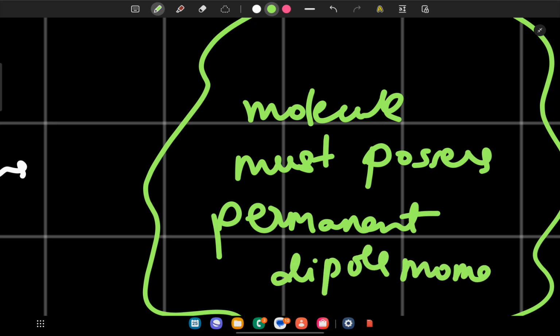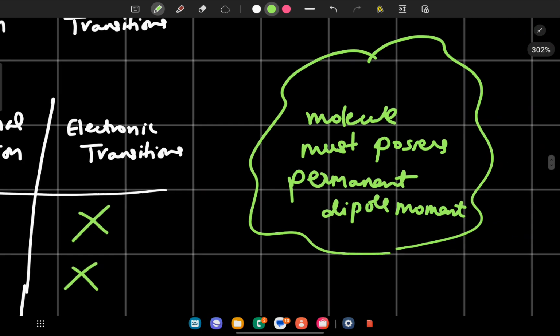That means the molecule should be polar. It should be polar, and along with that it must also have a permanent dipole moment. A molecule can be polar if there are atoms of variable electronegativity present around themselves, but it also has to be organized in such a way that it possesses a permanent dipole moment and not a dynamic dipole moment.